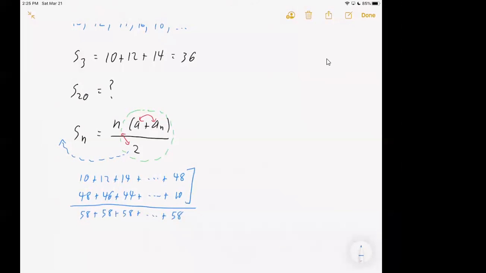If we substitute, let's make a little formula list. Formula 1 is the formula for the terms, a of n equals a plus d times n minus 1. And formula 2 is the one we just came up with, the partial sum of an arithmetic series can be given by this.